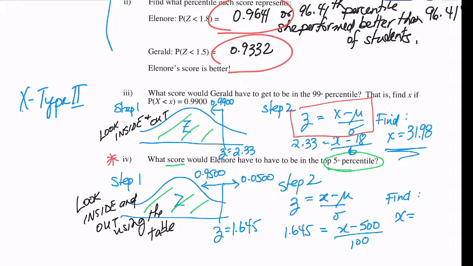And you get 664.5. So she would need 664.5 to have been in the top 5%. And what did she get again?